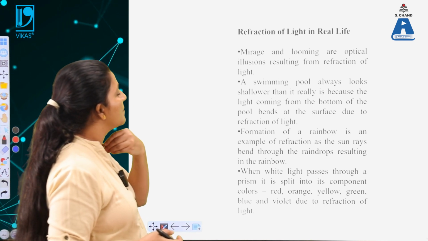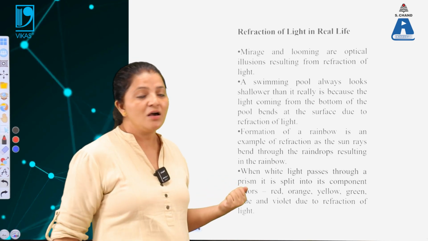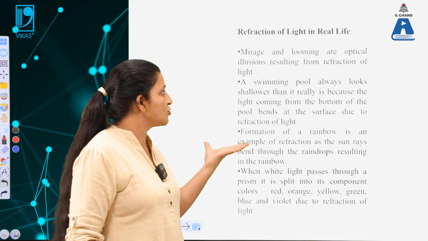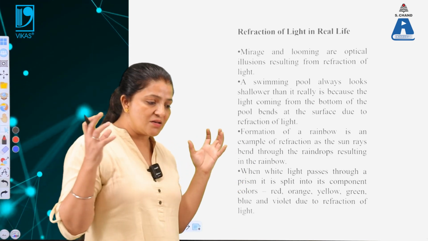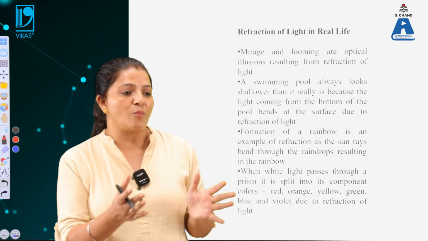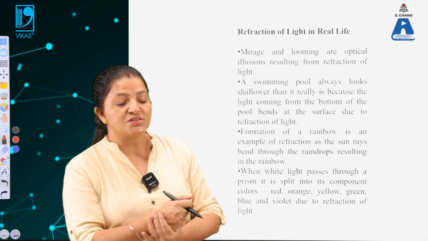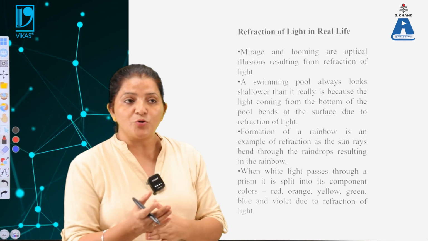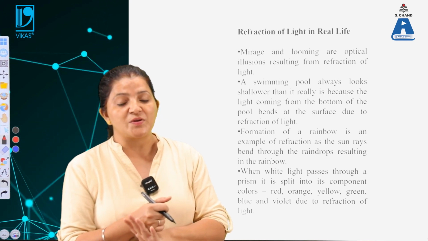Now what is the mirage effect? The mirage effect also depends upon the phenomenon of refraction, and it is also known as an optical illusion. In the mirage effect, when sunlight is shining on some surface, it appears that water droplets are present there, because when the light is incident on some surfaces, the whole of the light is reflected, meaning no refraction is present there.